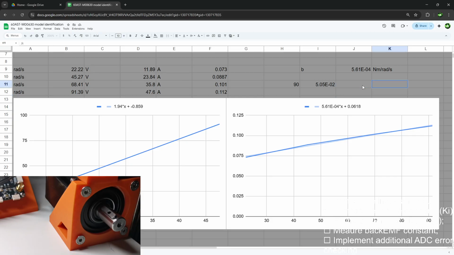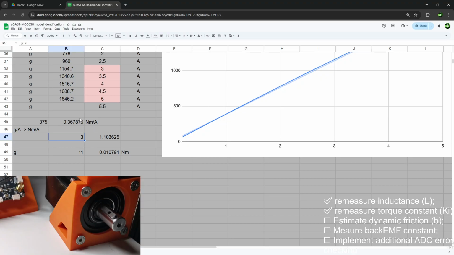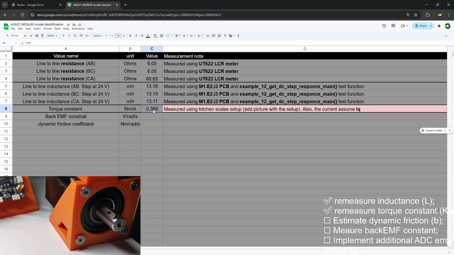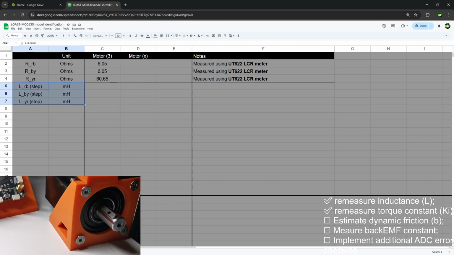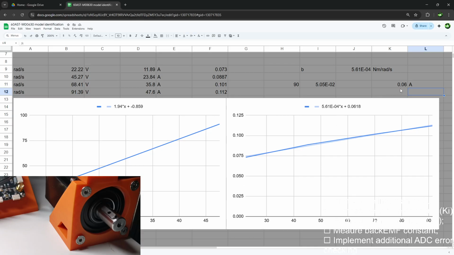So this value is 0.06 amps, and this is our torque inducing current. So we can actually compare. We need this value, which we have here as a number, and let's see if they are actually the same, if they are similar. So let's see, multiply this by that.